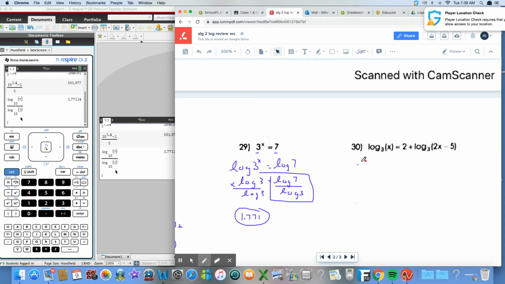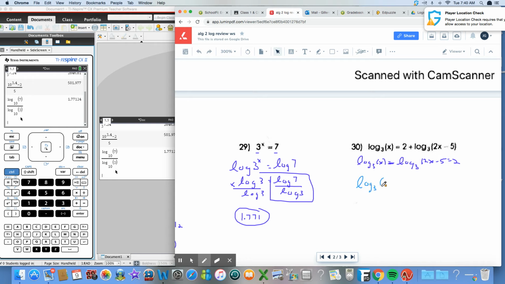So I'm going to rewrite this as log base 3 of x minus log base 3 of 2x minus 5 equals 2. Okay, so what I want to do is condense the logs into one log. So it's going to be log base 3.